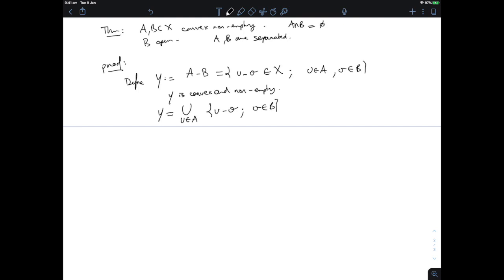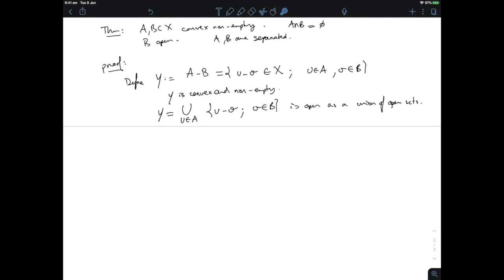But now B is open, so the set of all points of the form u minus v with v in B is also open, and now I'm taking a union of open sets. So it is open as a union of open sets, right? And this is really why we don't have the symmetry of assumption. We only need openness on one of the sets, B, because the set that really matters in the separation theorem is the set of differences. And the set of differences is going to be open as long as one of the two sets is open.